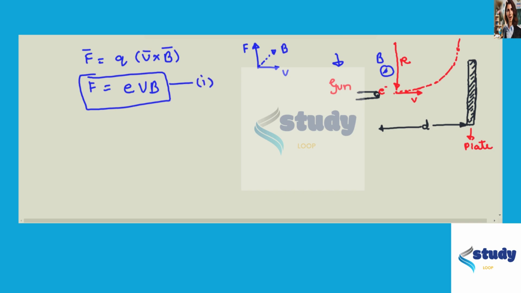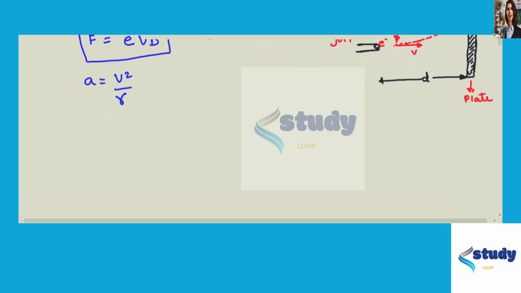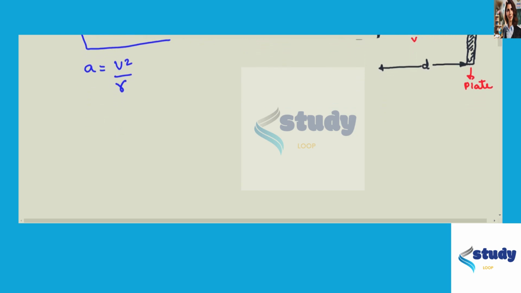Now, moving forward, the acceleration of the electron. Since the electron moves in a circular path, the acceleration in magnitude would be given by v square by r, where r is the radius.